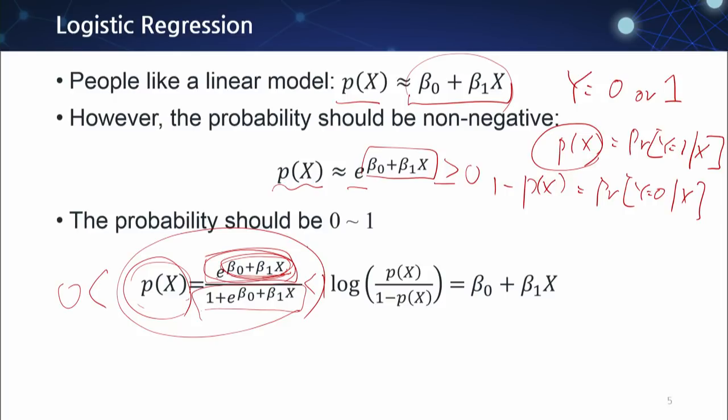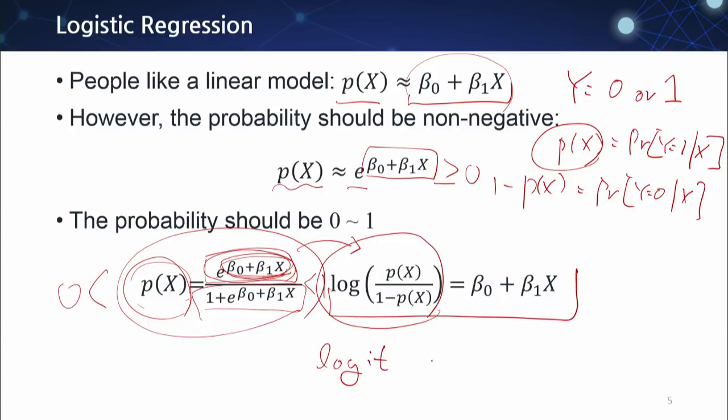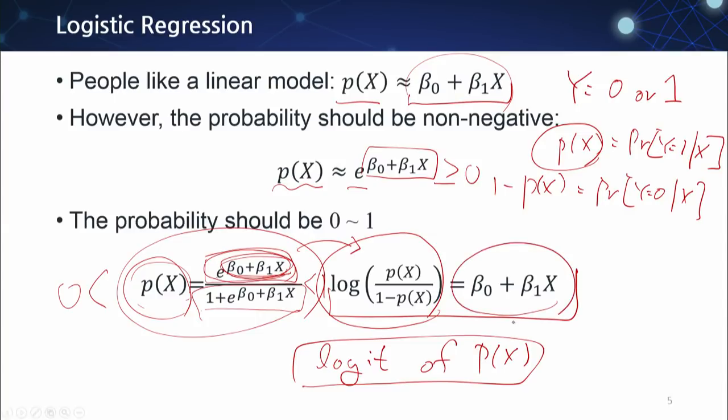Equivalently, this relation can be written with this formula: log of p of x over 1 minus p of x is equal to beta 0 plus beta 1 x. This term is called the logit of p of x. So basically, in logistic regression we linearly model this logit of p of x with this simple linear model. That's why this is logistic regression.